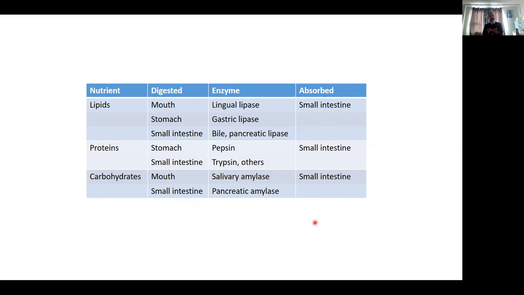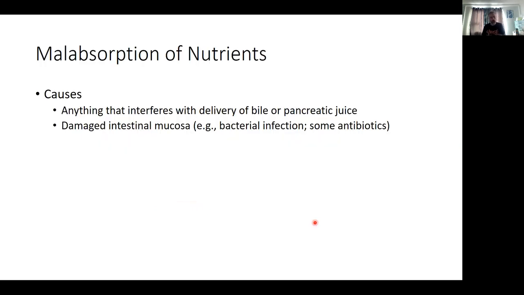Okay, so where do things go wrong, right? Well, generally, when we think about things going wrong, we think about malabsorption of nutrients, an inability to properly absorb nutrients. So a couple of different root causes are pretty typical of this.